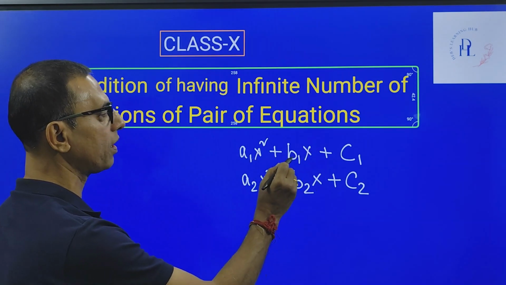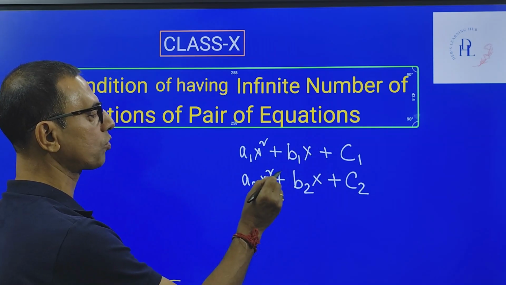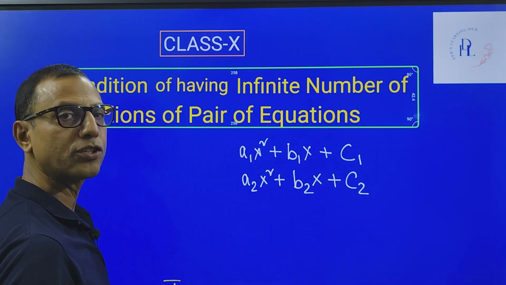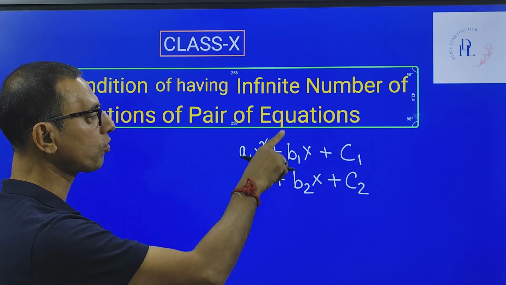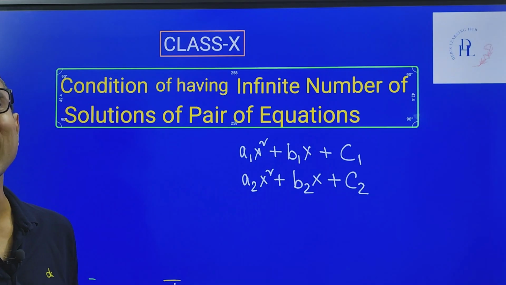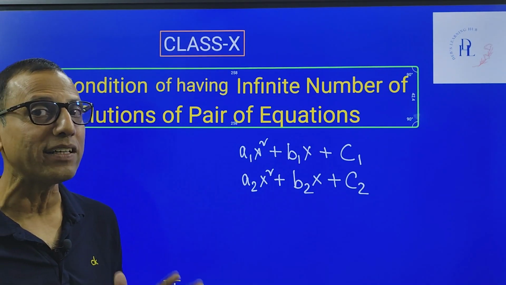So a1x square plus b1x plus c1 and a2x square plus b2x plus c2, where all the ratio of the coefficients are equal, then only both of these equations are similar, not identical, exactly similar.